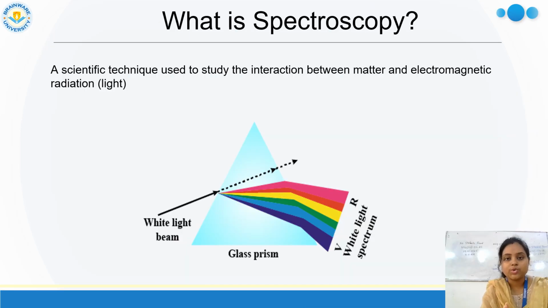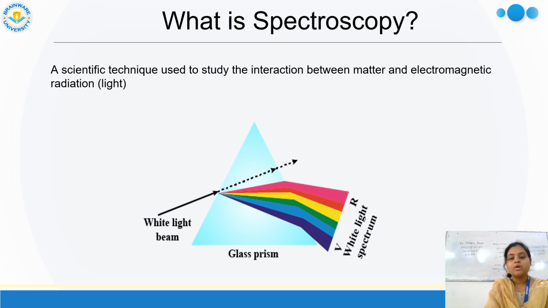So before going to the details, first we need to understand about spectroscopy. What is spectroscopy? Spectroscopy is a scientific technique which is used to study the interaction between matter and electromagnetic radiation.